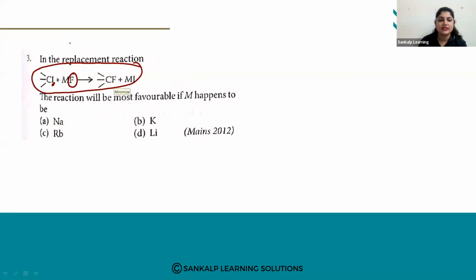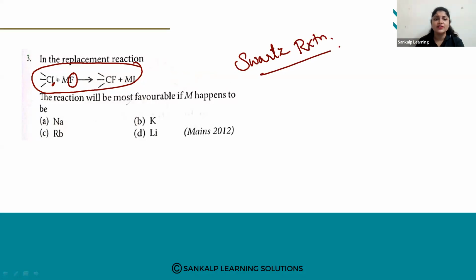We have studied name reactions, right? Yes, it is the Swarts reaction. In the Swarts reaction, we are preparing fluorides from iodo groups. So from alkyl iodides, we are preparing fluorides.